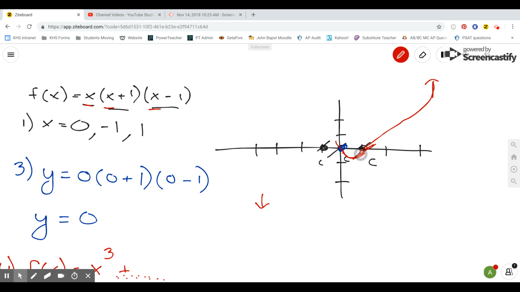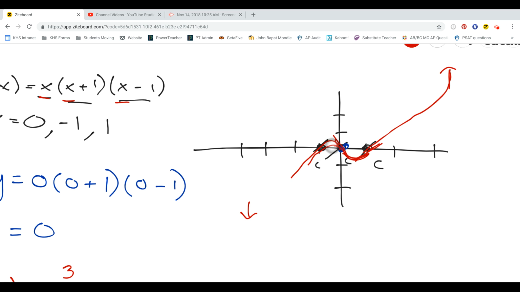So I'm going to start going up, go through that x-intercept. And then I see that I also have this third x-intercept that I need to go through. So I'm going to go back up and go down through that third x-intercept. And then this is wonderful because I'm in the right direction to finish out the end behavior going down.